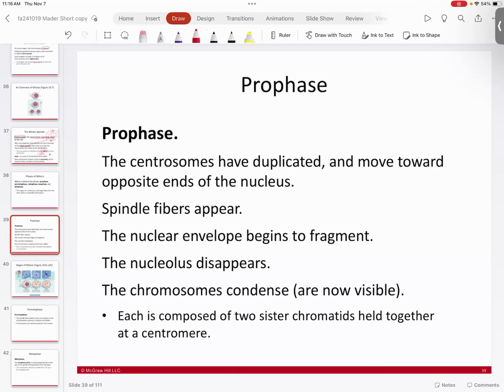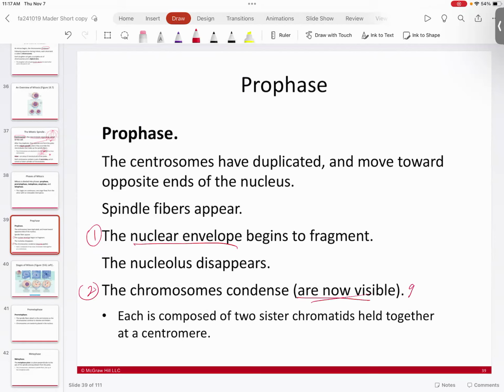So let's take a look at the events of prophase. In prophase, a couple of major things happen. At this point, S phase has already happened. The chromosomes have already been duplicated. Number one, your nuclear envelope breaks down. That is the envelope that covers the DNA. The nucleolus disappears. The chromosomes become condensed and are now visible.